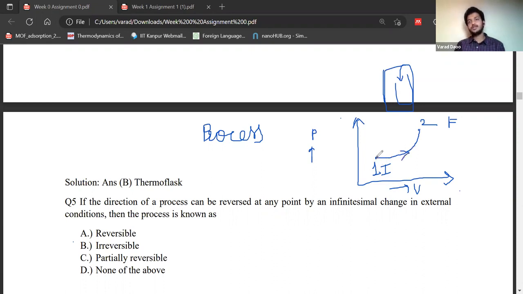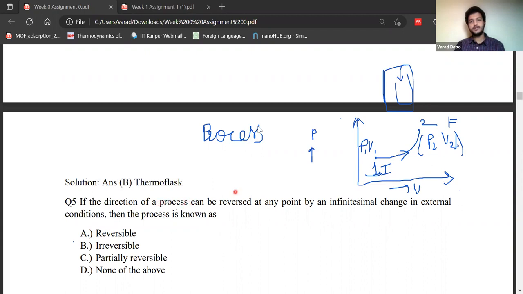So when the system goes from a certain setup, here pressure will be P1 and volume is V1, and here it will be P2, V2, right? So when a system changes its position from an initial state to a final state, this phenomenon is called a process, right?